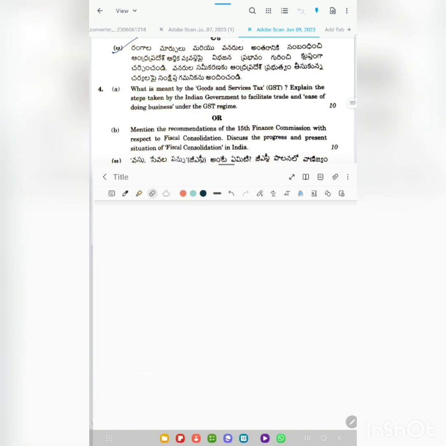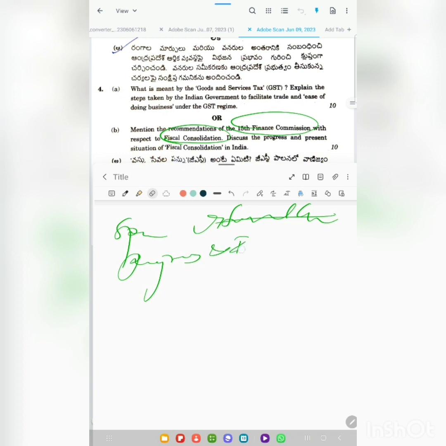And for those people, as far as the 15th Finance Commission, it was a more specific question. It was even more specific with respect to fiscal consolidation. Second, it talks about how much progress has been made in fiscal consolidation in India. So it has too many subparts on which I had very little matter, so I had to choose GST services.